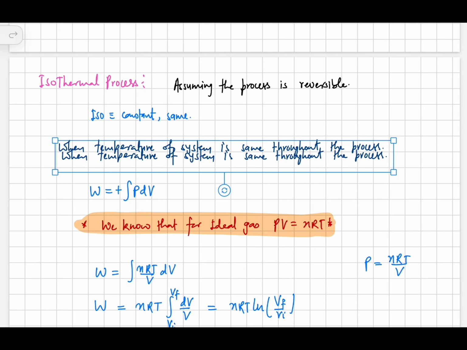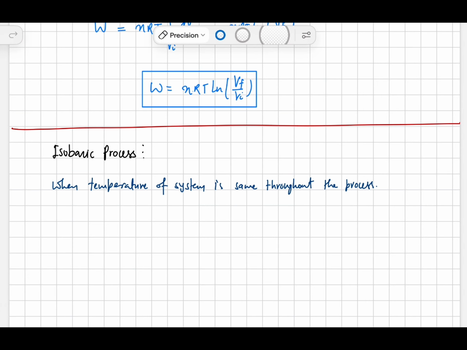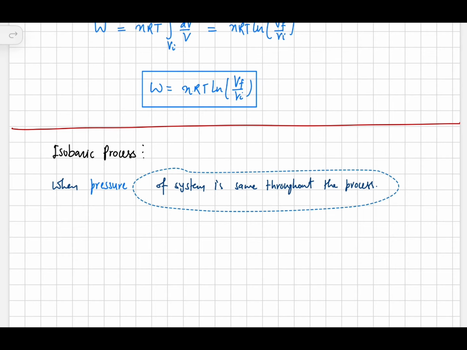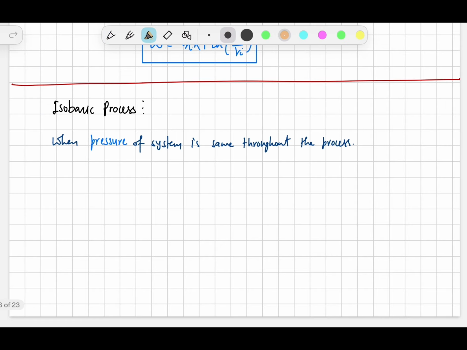There is nothing interesting in it, I mean no new concept to learn here. So when the pressure of the system is the same throughout the process, that kind of process is called an isobaric process. So what is the work done then? W equals P times dV.